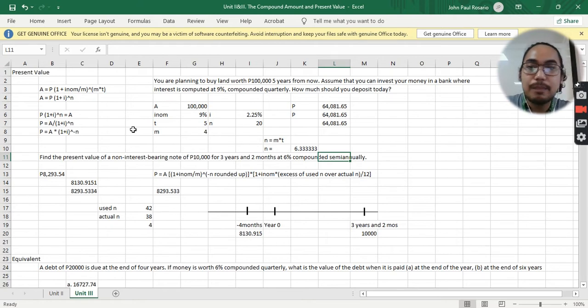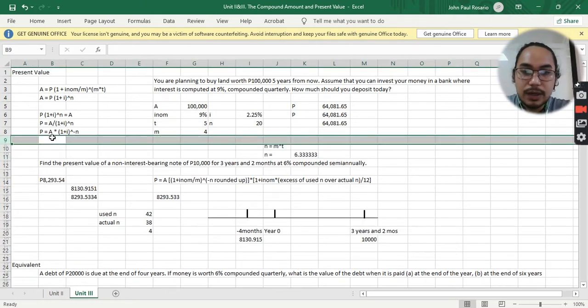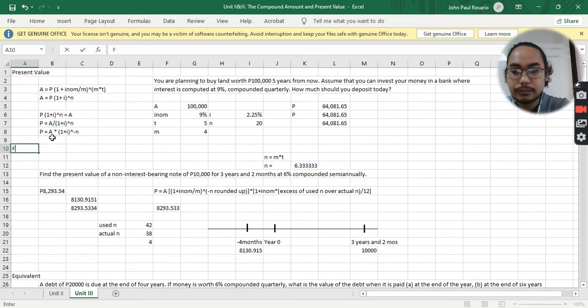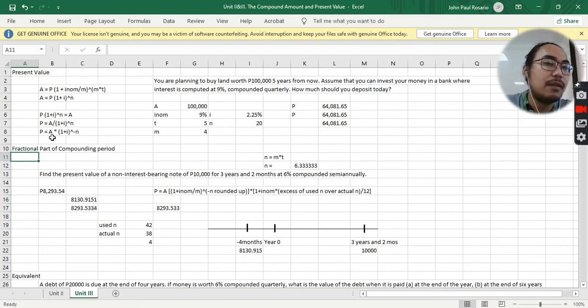On the other hand, for present value with fractional period of time, let's just move it downwards. Fractional part of compounding period. In this case, with the fractional part of compounding period, it's different in a way, because for Unit 2 you rounded it down, right? Because you only took the whole number.